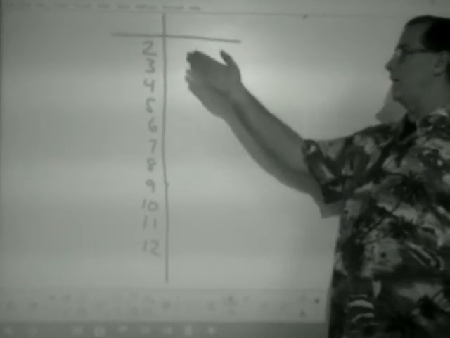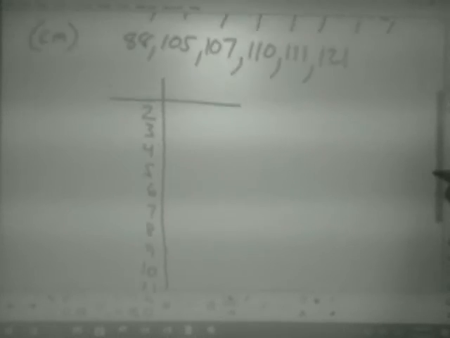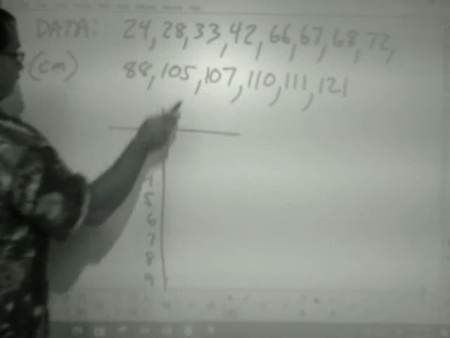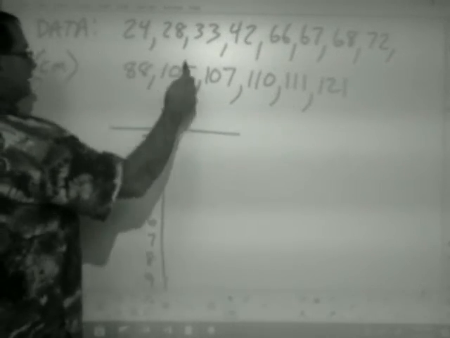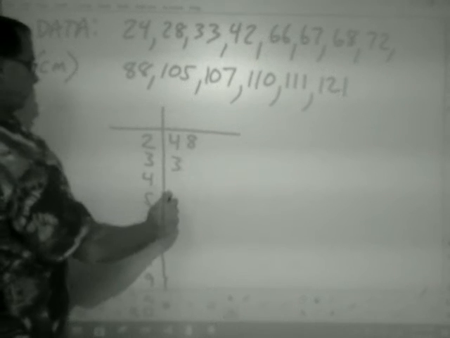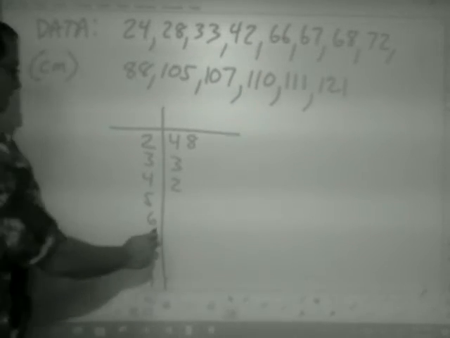It doesn't matter. I usually just start lowest to highest. And now I put my data in. So I have 24, 28, 33, 42, no 50, so it just stays blank.